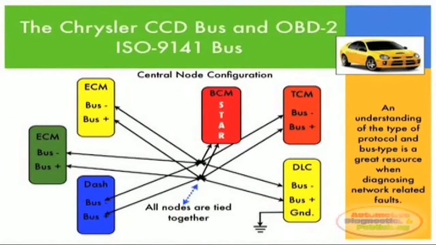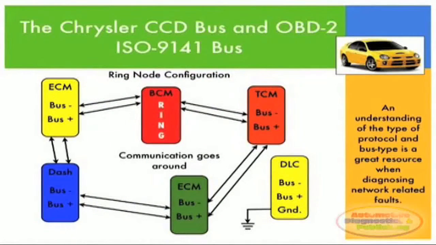A star topography can also be used without a central node. This is also common, and the central wire splice is used to detect shorted modules. The ring configuration is another common topography. In this case, if one module goes down, the network still works through the other connection.